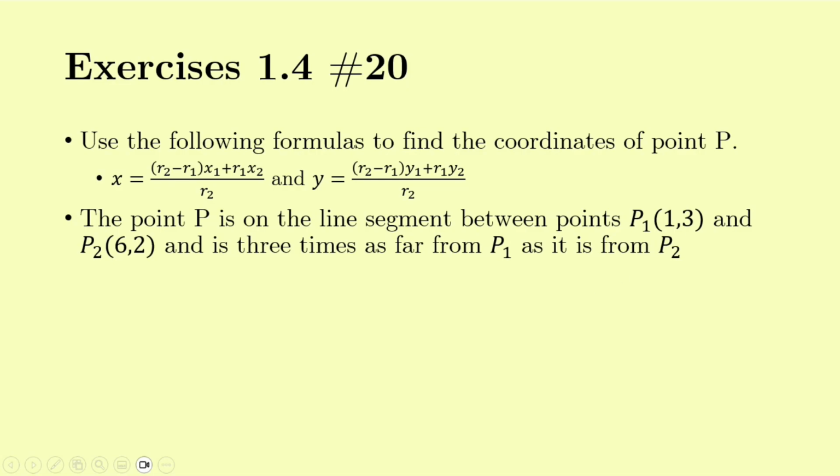For the last item, the instruction is to use the following formulas to find the coordinates of point P. The formula here, although it was not discussed in the slide, has a brief background: if we're looking for the distance between P1 and P, the ratio between the distance of P1 and P and P1 and P2 is defined by R1 over R2.